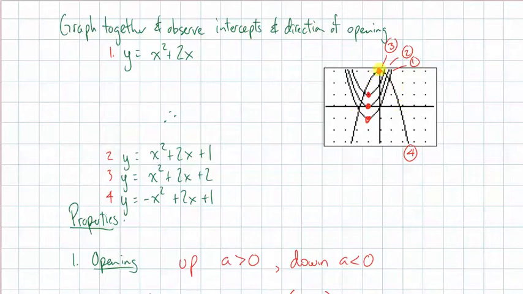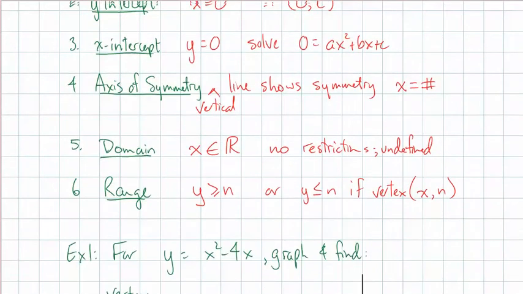If you're the highest place, it's called a max. If you're the lowest place, it's called a min. And it connects to the direction of opening. So I'm going to get a minimum value when I open upward, and I'm going to get a maximum value when I open downward.